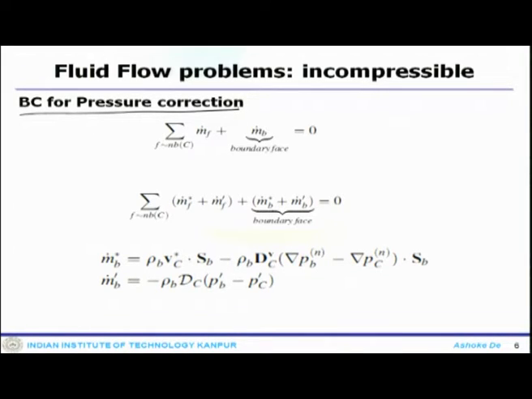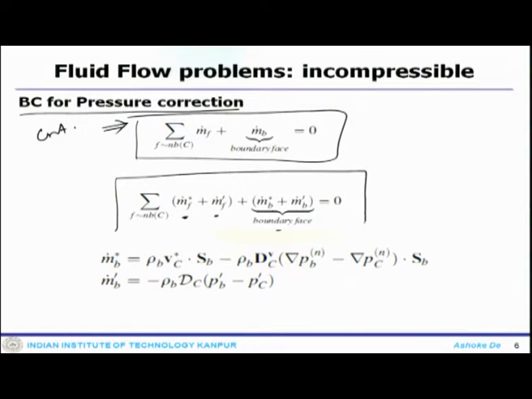At the boundary cell, the mass flow rate from the interior and the boundary face has to be conserved, which comes from my continuity. Or one can write that at the boundary face, the intermediate value m dot f star plus m dot f prime, which is the correction, at the boundary face is going to be 0.